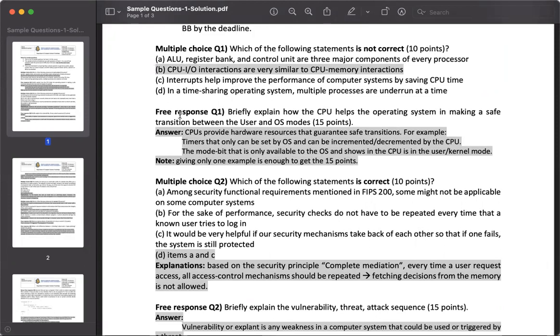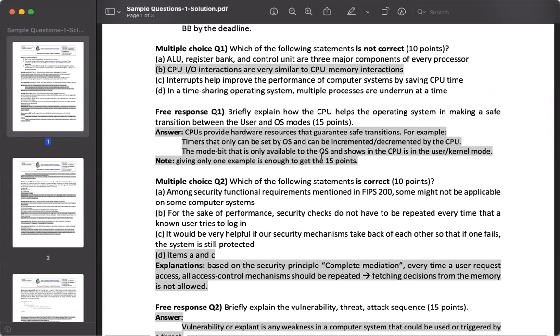But we also have free response questions in which you are asked to give a short description about something. For example, briefly explain how the CPU helps the operating system to make a safe transition between the user and OS modes. So you basically write something. There's a blank spot here. It might be on a piece of paper or it might be on Blackboard.